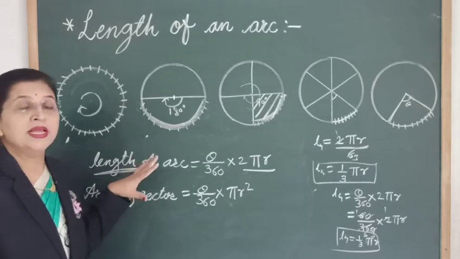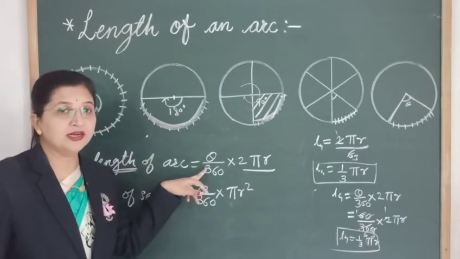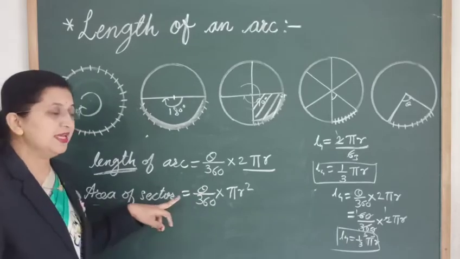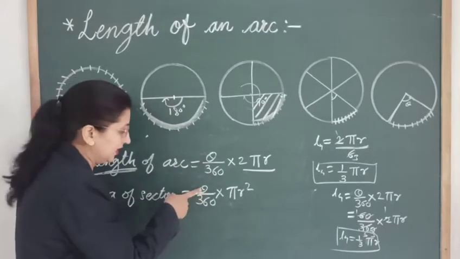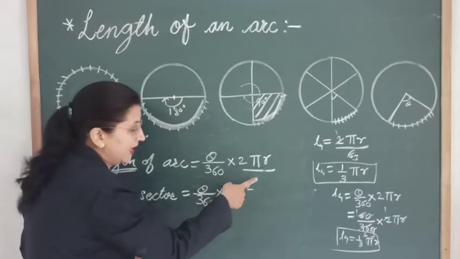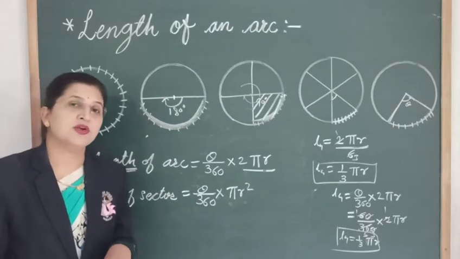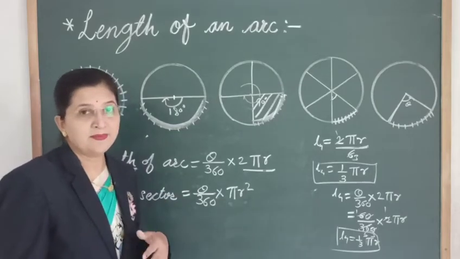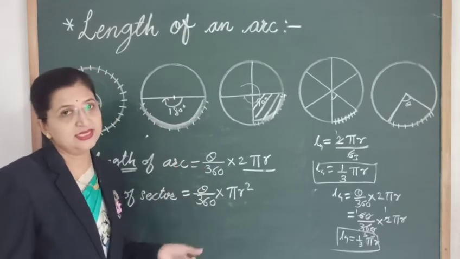Dear students, I hope these formulae are clear to you, how to find out the length of arc and area of the sector. Here theta upon 360, 2 pi r, and here pi r square. Now let's see some examples of how to find out the length of arc or area of sector by using this formula.